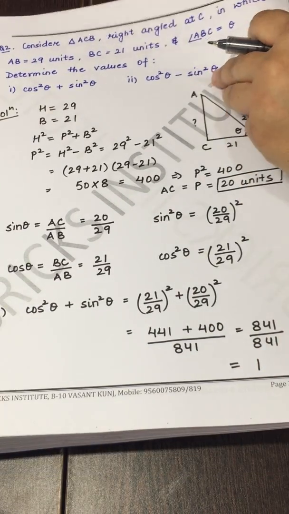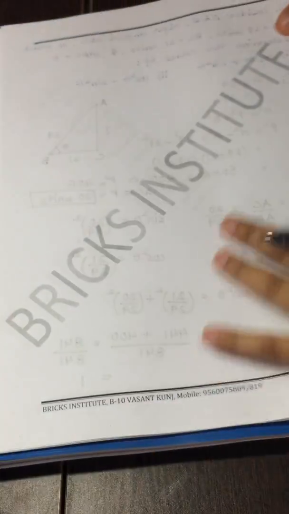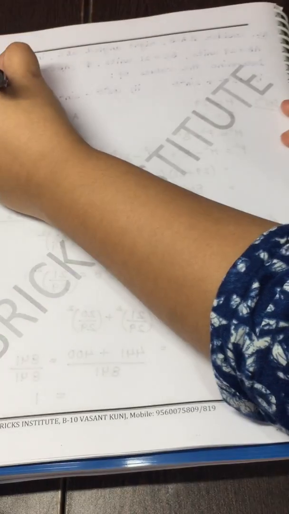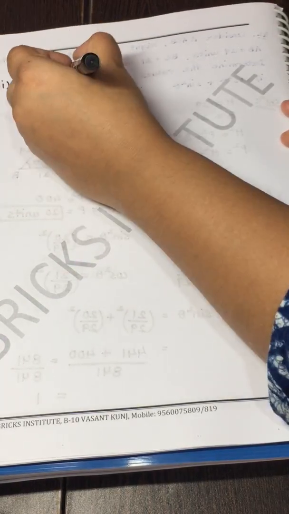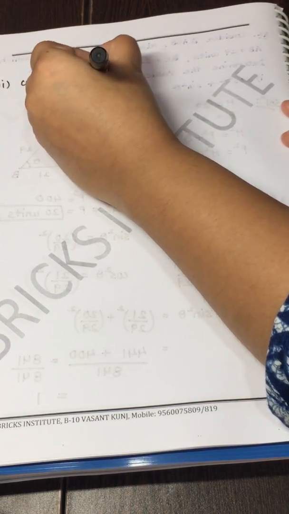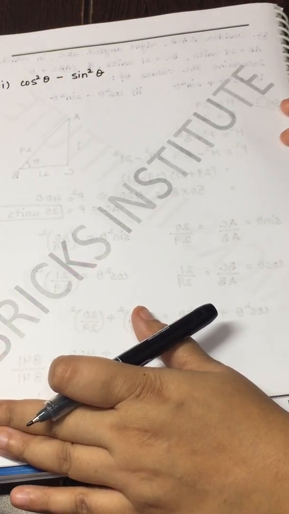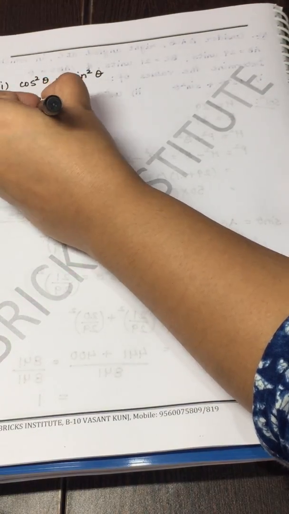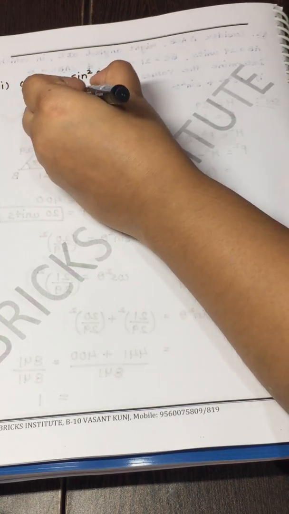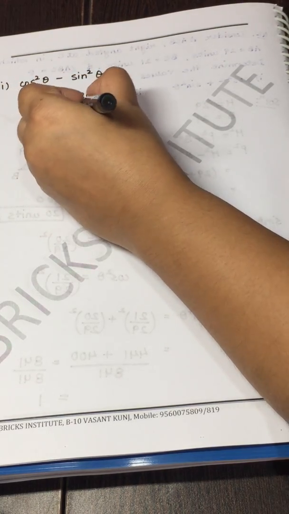Let's do the second part of the question. Second part says find cos square theta minus sin square theta. So cos square theta is, let's check, cos square theta is 21 square upon 29 square minus 20 square upon 29 square.